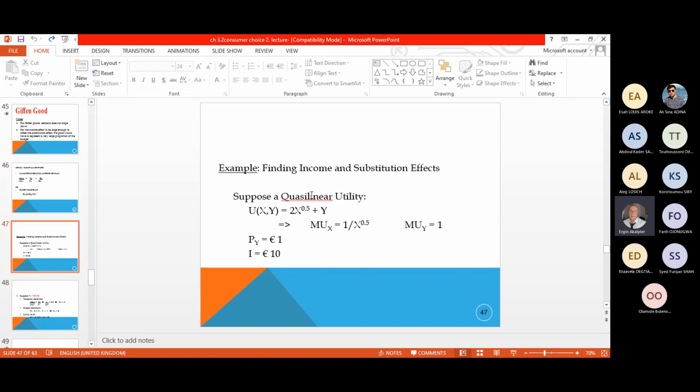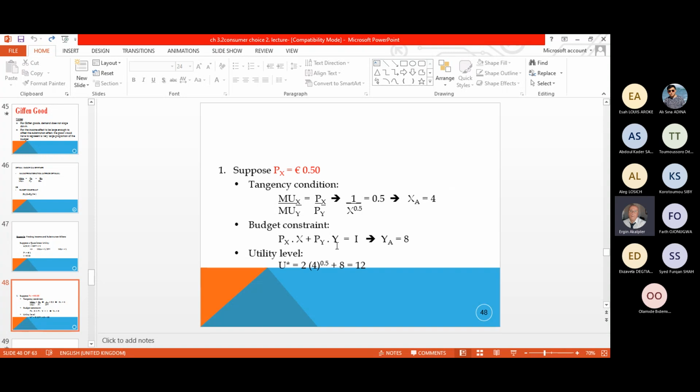Because look here, py is 1, isn't it? Income is given as 10, and x is 4, you put it here. Px 0.5 multiplied by 4 is 2, plus py given as 1 multiplied by y, and this equals 10. Therefore, 1 times y is y.